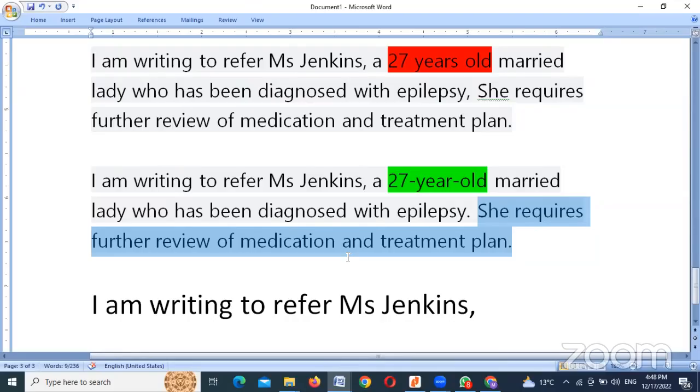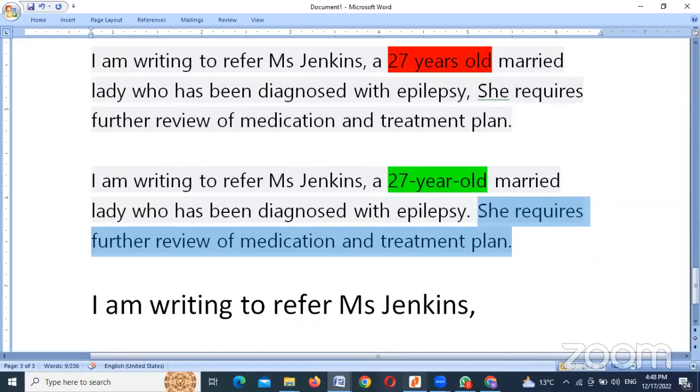So is it clear, the situation in the purpose? So why are you sending this patient to me? Why can you not treat there in the GP clinic? Why? No.